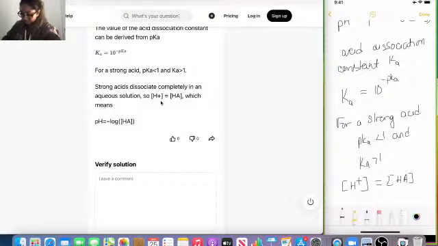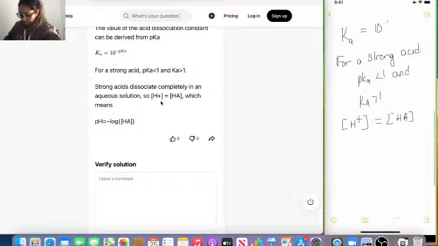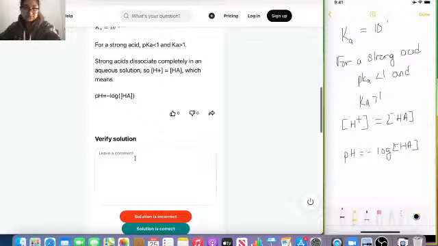Okay, because it's completely dissociated, you can also say pH is basically the negative log of your acid. Okay, and so this is also correct.